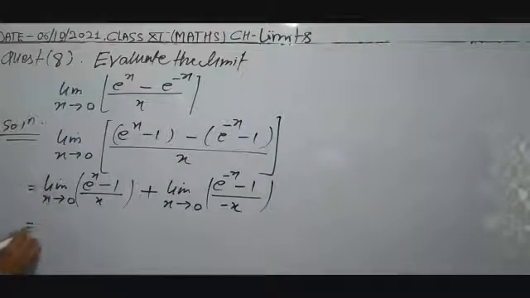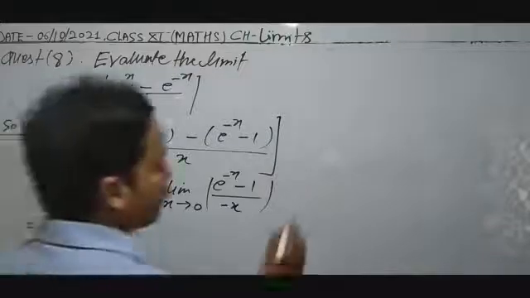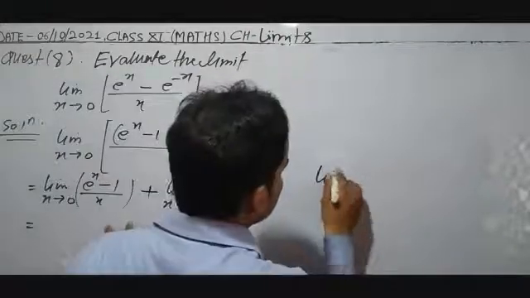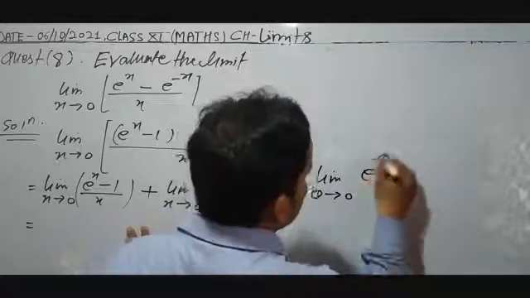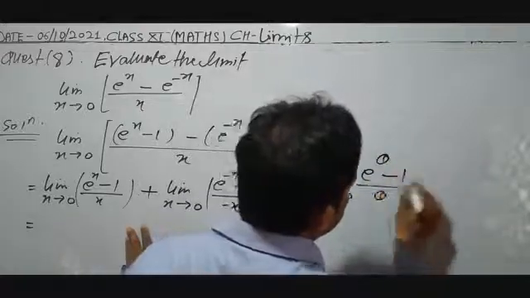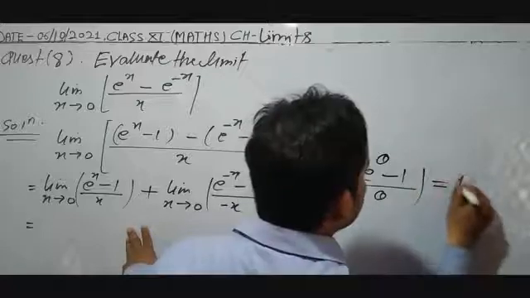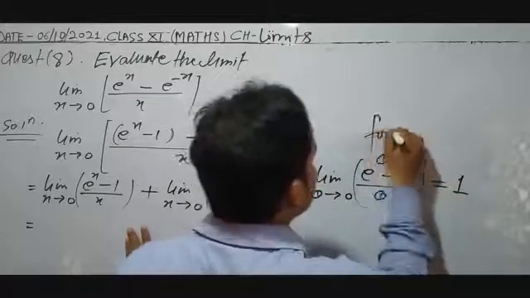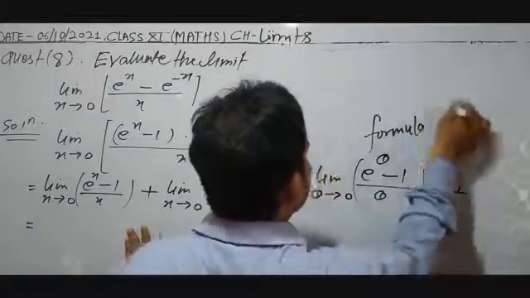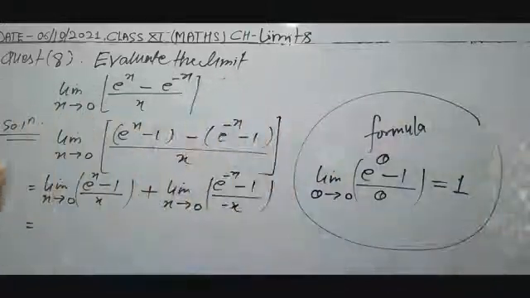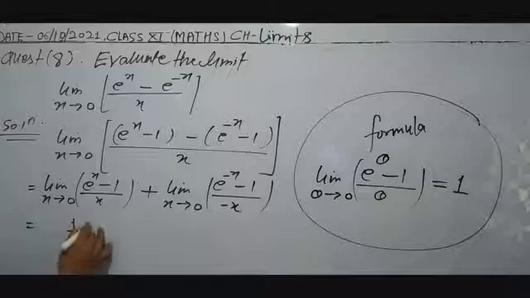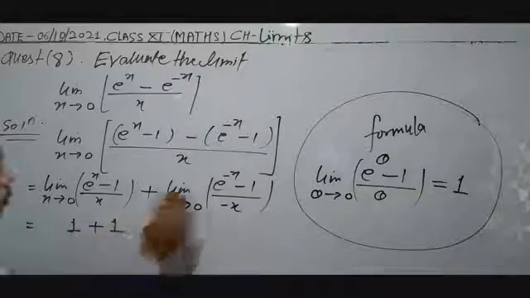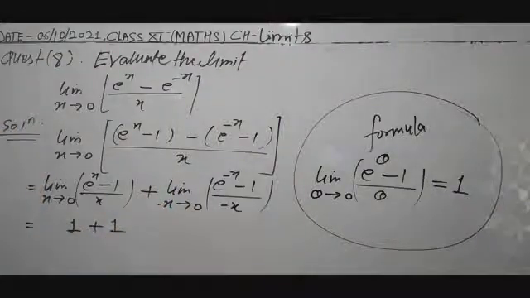Now you know the formula, limit theta tends to 0, e to the power theta minus 1 whole upon theta, the value is 1. This is the formula. Now this term will be 1 and this term will also be 1.